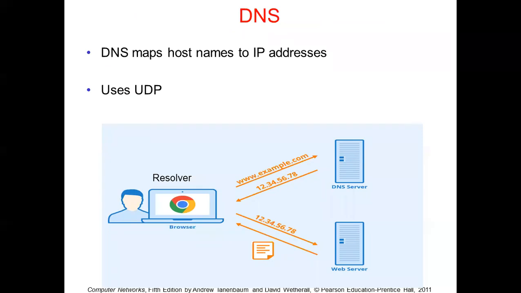That is, wherever the web pages are stored, on whichever host or machine, its address needs to be accessed. This mapping between host name and IP address is done with the help of a protocol called domain name server or domain name system.